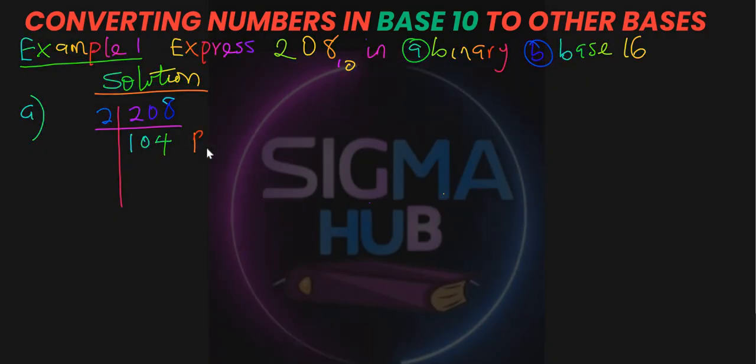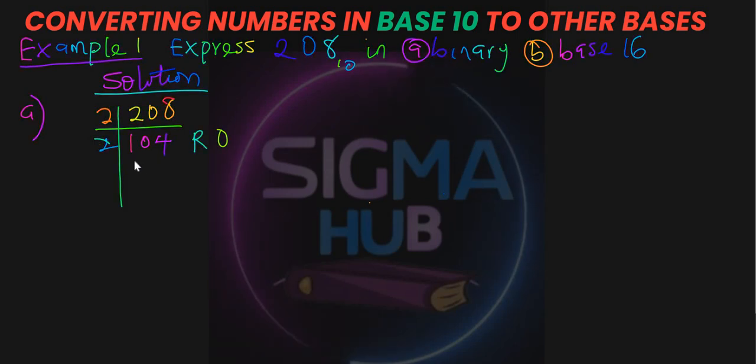So the remainder in this case is 0. Again, we divide 104 by 2, which is going to give us 52, also with remainder 0.